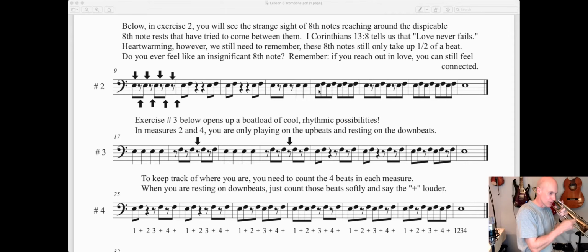One and two and three and four and, and that's another reason why I chose these pitches. But one and two and three and four and, again, if you just count in your mind, one and two and three and four and, you don't have to look with your eyes at every last little note head right here. You can just say, I'm just going back and forth between those two notes.